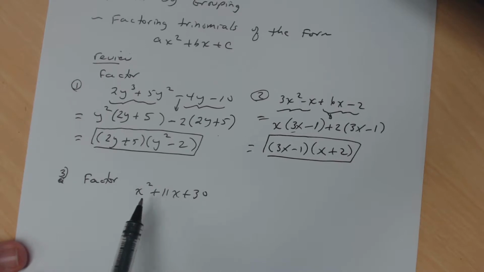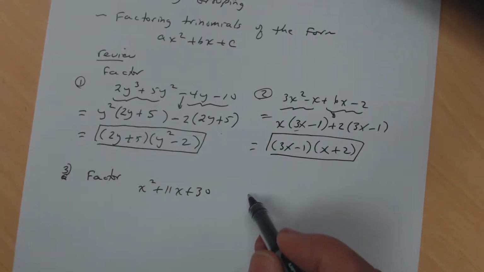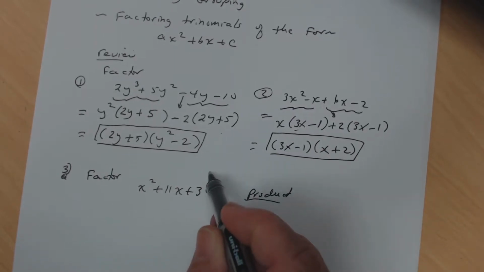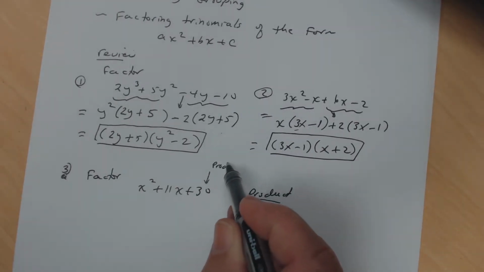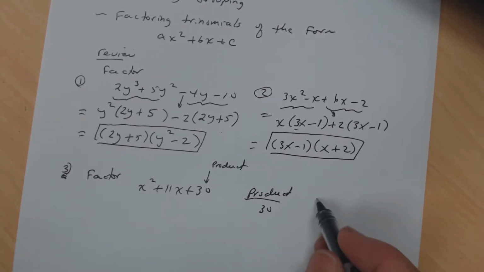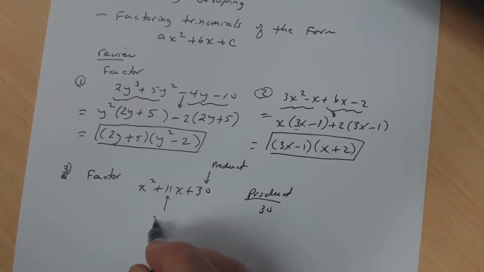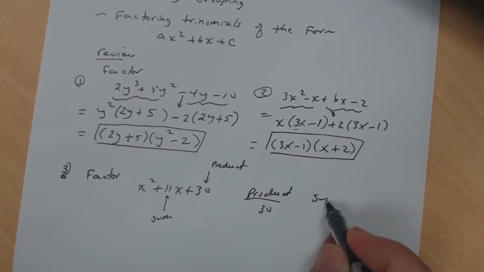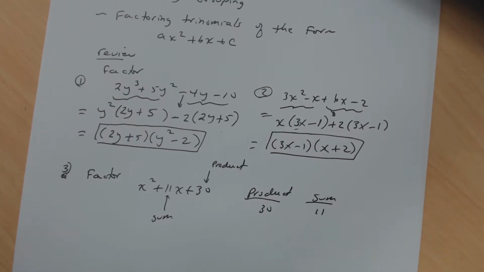If you notice, this leading coefficient is 1. So what we asked ourselves was, I want to find two numbers whose product is this constant, in this case a positive 30, and whose sum was the coefficient of that middle term. So I wanted the sum to be 11.